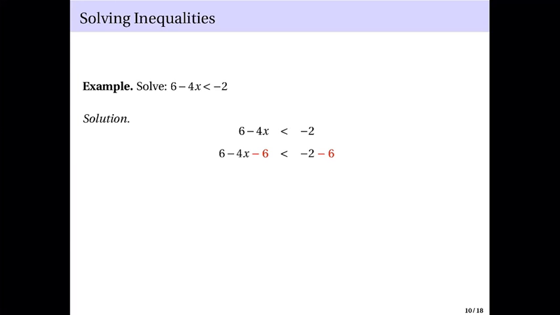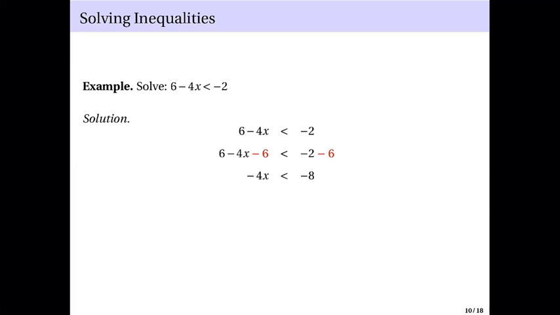So in here, we add negative 6 on both sides of the inequality and the inequality is retained. Okay? And then we simplify. We have negative 4x less than negative 8. So 6 and minus 6, they will cancel each other. Minus 2 minus 6, that's negative 8.